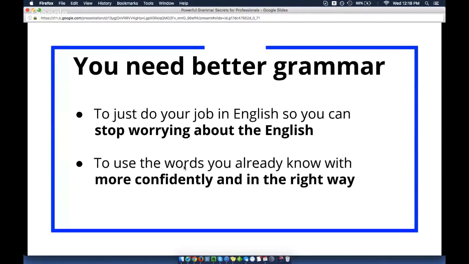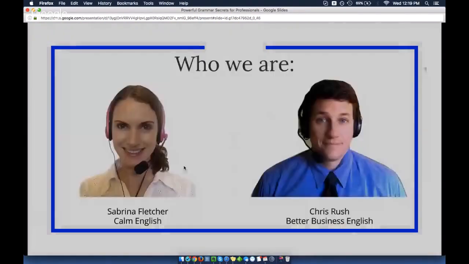We also want you to use the words you already know with more confidence and in the right way. The other thing that's going to really help you, and what we're going to talk about today, is how to use the words and the grammar that you already know to be more confident and to communicate in a more professional way.